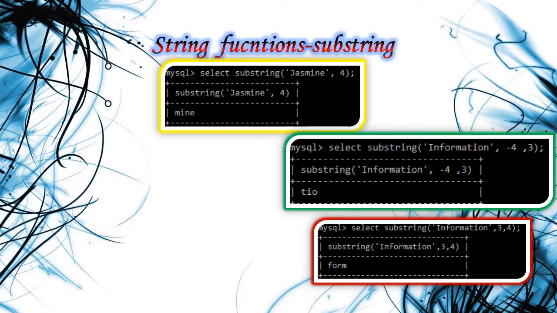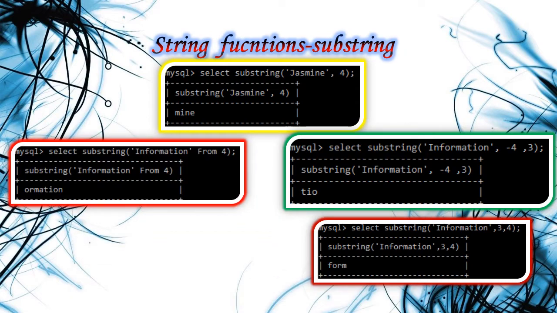So here first means I, second 2, likewise it goes. In case of minus 1, it means from the last onwards we have to take N value is minus 1, O value is minus 2, I value is minus 3, and T value is minus 4, likewise it will go. So from that minus 4, which is now T, we have to fetch 3 characters. So TIO is the answer.